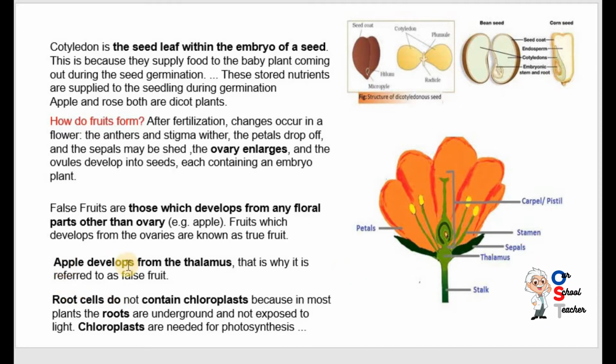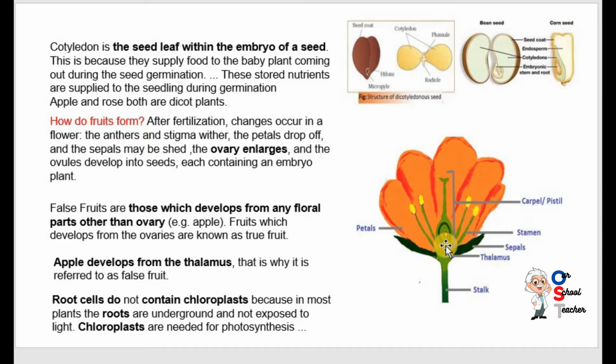But in the case of apple, it develops from the thalamus. That is why it is referred to as a false fruit. And please keep this information in your mind, because this type of information about false fruit and true fruit will be applicable in the next paper as well.